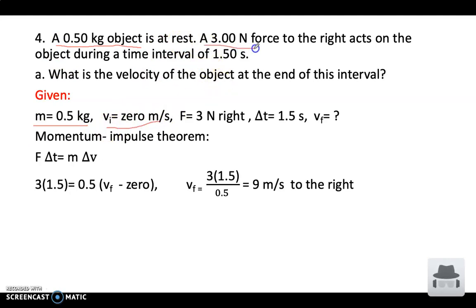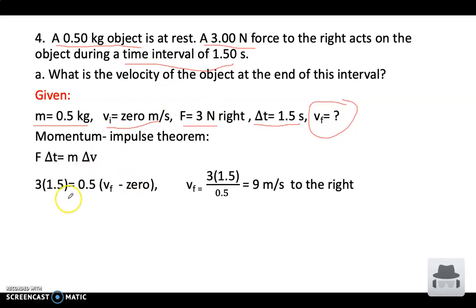A 3 Newton force, so I have F, 3 Newton to the right, acts on the object during a time interval, so delta T equals 1.5. I need to find the final velocity of the object. Now I'm going to use the momentum and impulse theorem, which is force times time equals m times delta V.